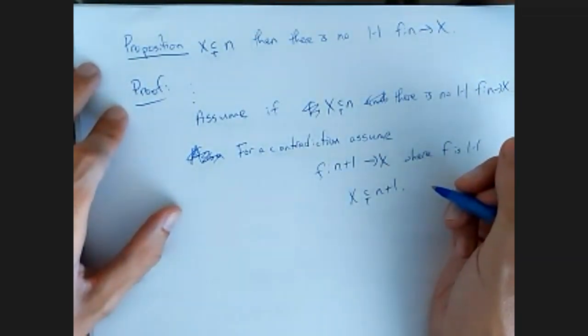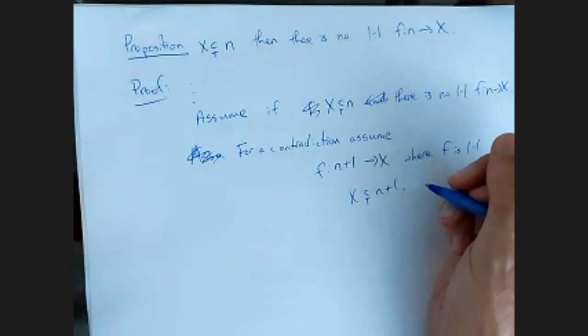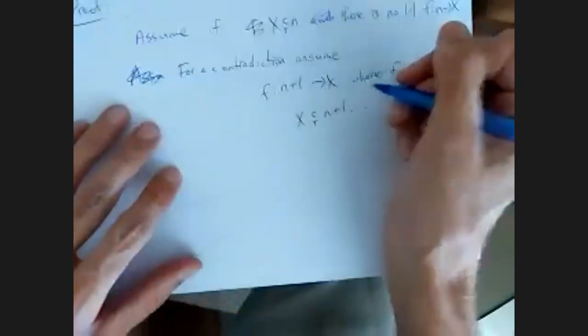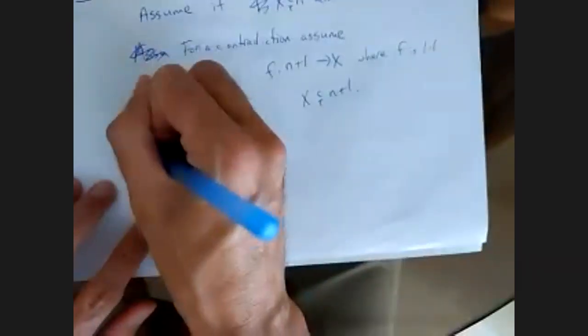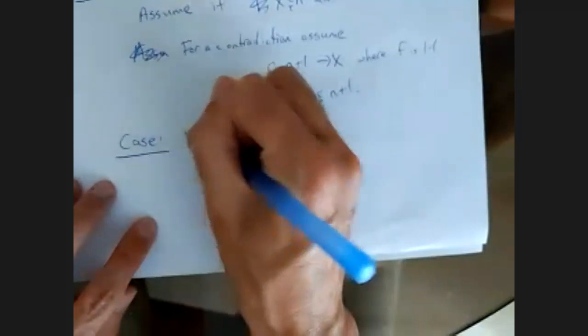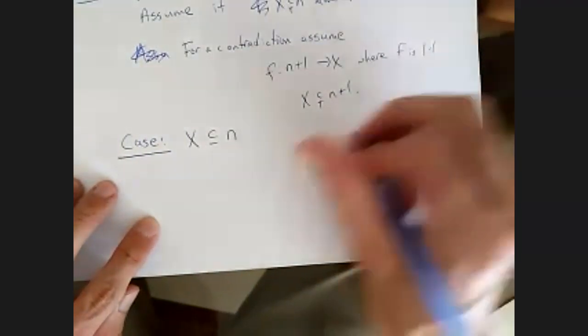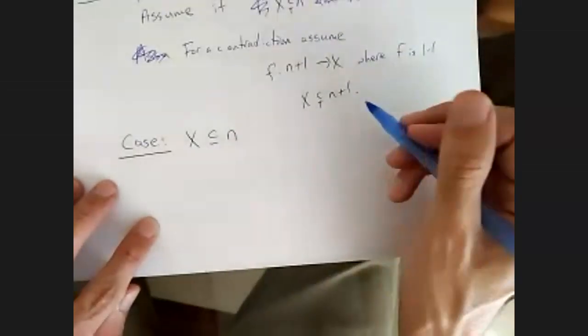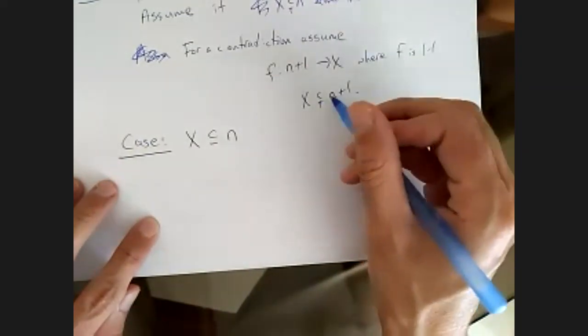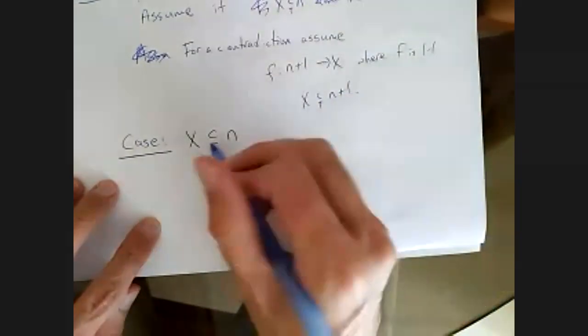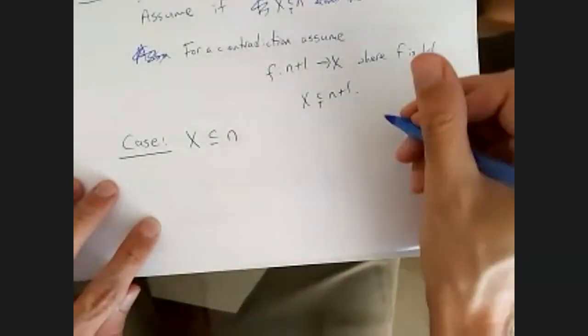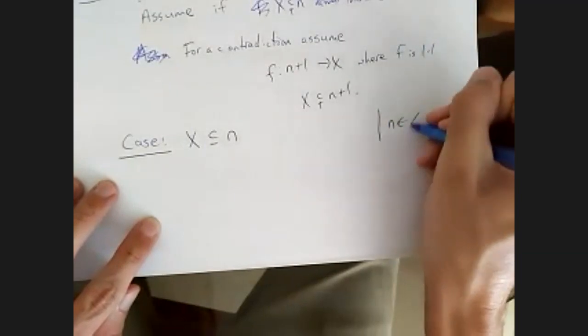With the proper selection of your cases, you can dispense with this. So there are 2 cases. Either X is a subset of N, or, if X is not a subset of N, it means that N has to be an element of X. So the other case is that N is in X.